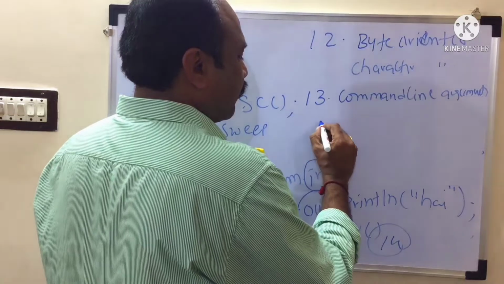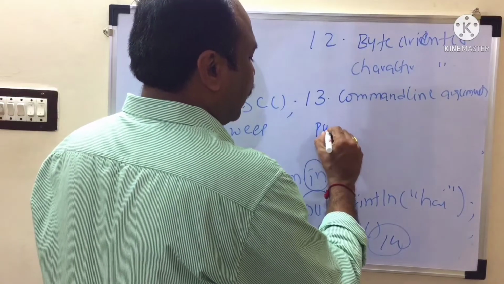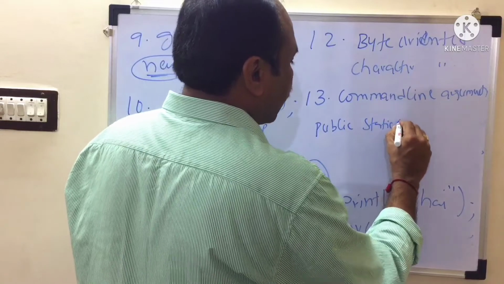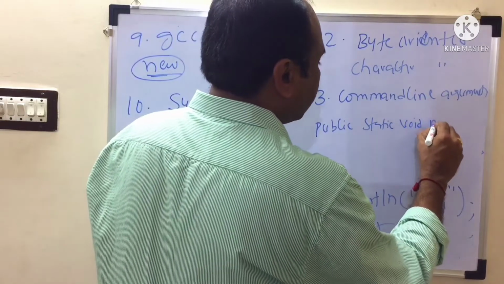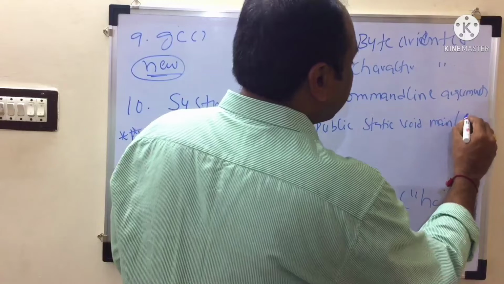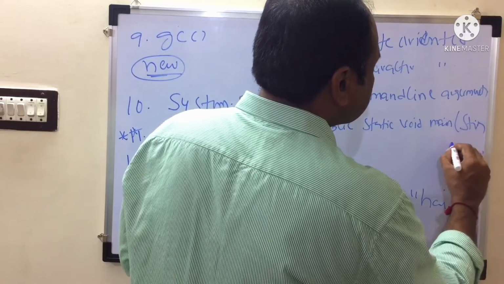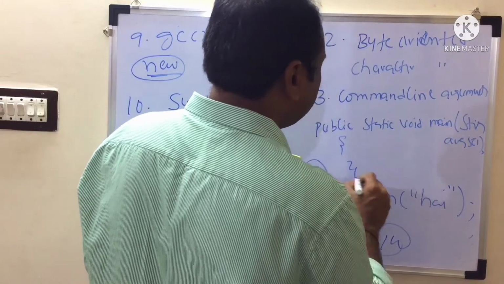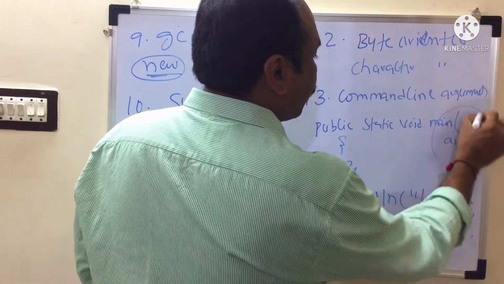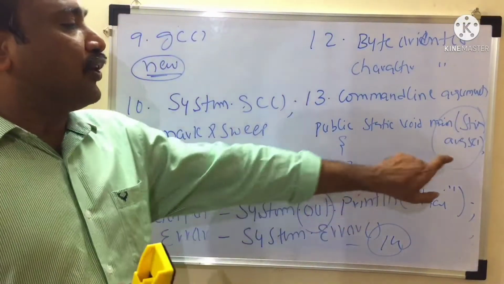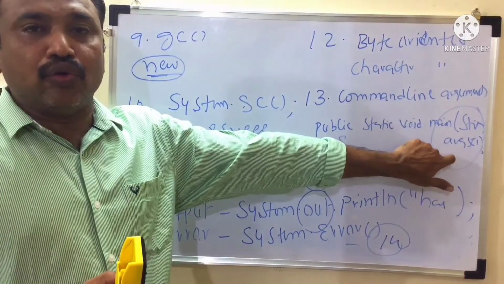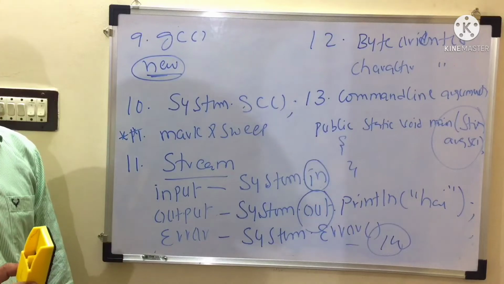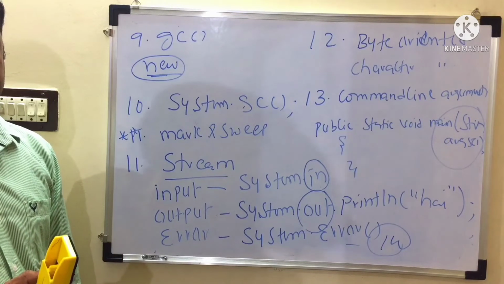In Java, when you write public static void main, here we are writing String args. These parameters are referred to as command line arguments. If you pass any values at runtime to the main method, to hold those parameters, we use command line arguments.